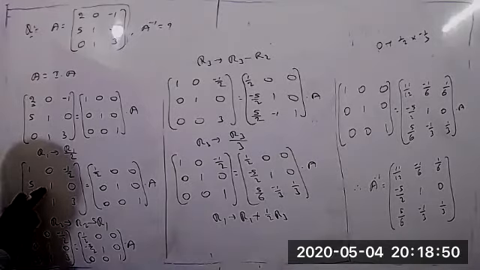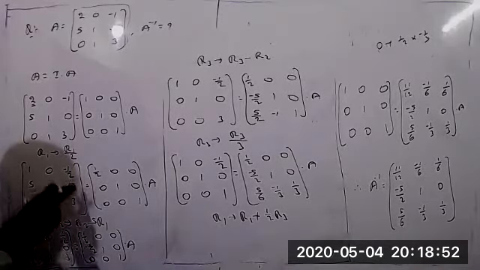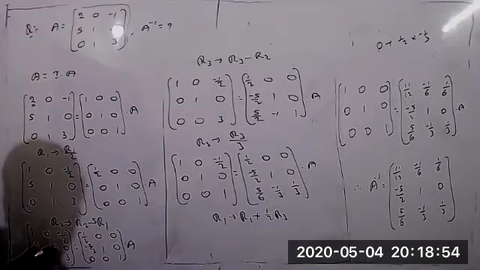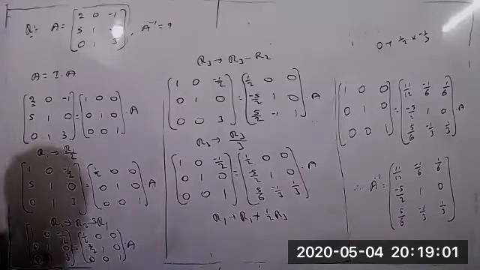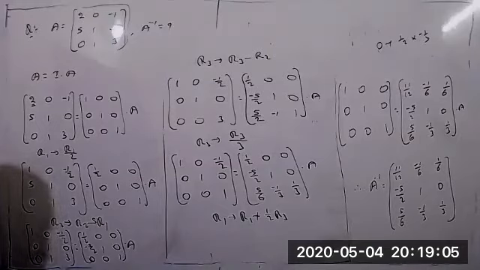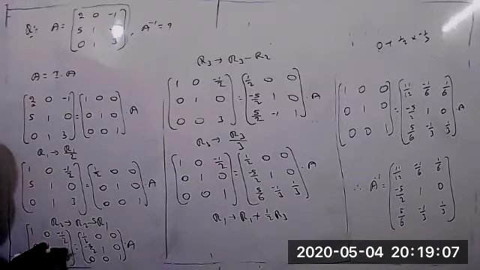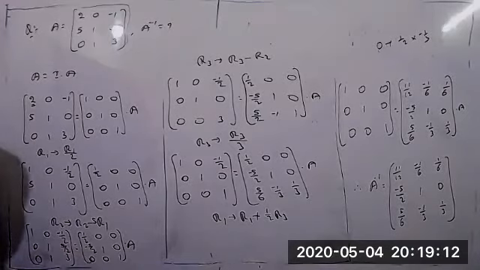But here also 1 minus 5 into R1 equal to 1 only. And this is 0 minus... you will get minus 5 by 2, no? Plus 5 by 2, we are getting plus 5 by 2. That means one element we are changing completely.